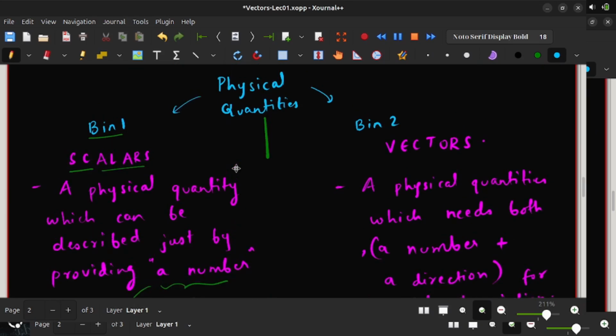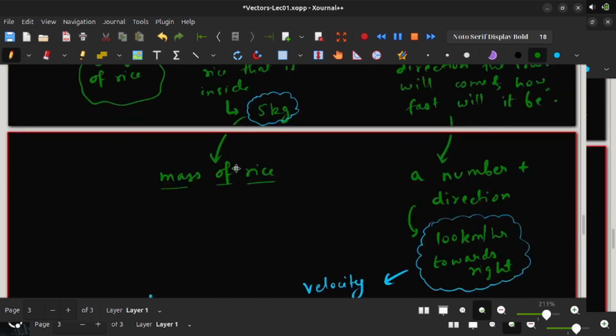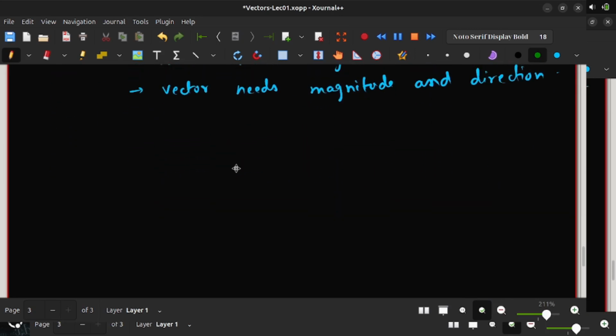So please understand again one thing, that vectors are quantities which you have never dealt with. You have never talked about direction, maybe in one dimension or anything like that, but not in two dimensions and three dimensions. So we will go back to our basics and try to differentiate between quantities and check which of them are scalars, which of them are vectors, and what kind of algebra I need.